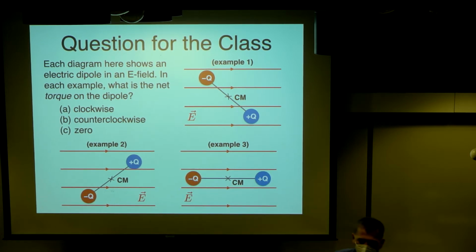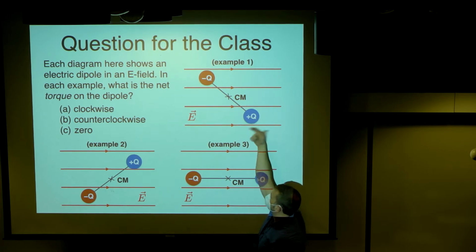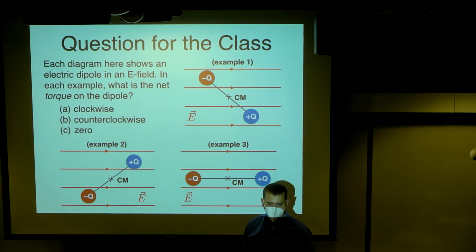Yeah. So are they all gonna end up in that state, or are they just gonna fix themselves? Okay, so you see where this is going, right? My point is, if we start off with our dipole like this, it feels a counterclockwise torque, right? And that makes the positive Q go with the field, the negative Q against the field, right?